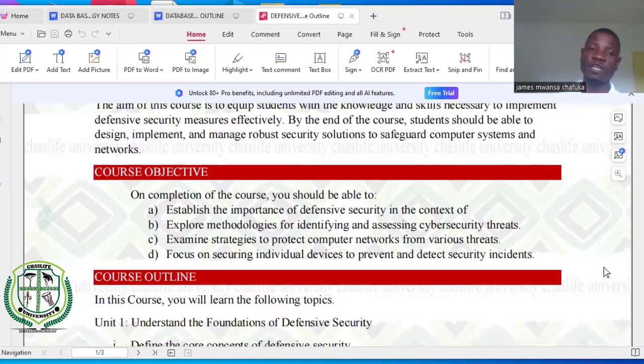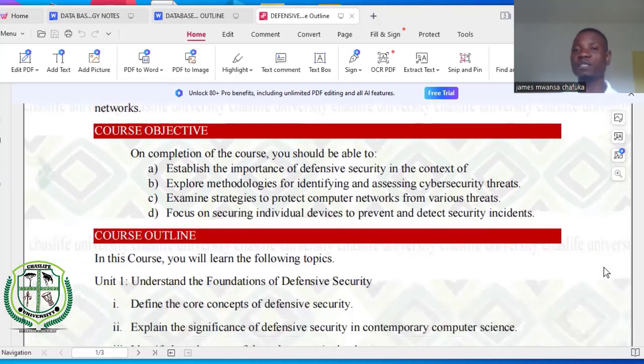Which is one of the important courses in ICT, very important. Then apart from that, we proceed by looking at the units or modules that the learners and the students will cover as they embark on the study of this important course called defensive security. Under Unit 1, the main subtitle is Understand the Foundation of Defensive Security.